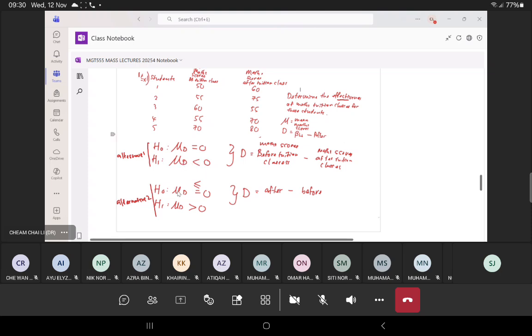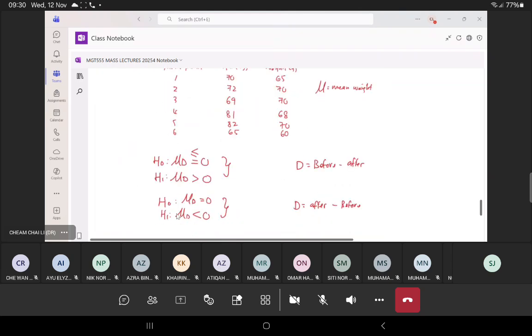You have one tail, right? So the first alternative is you have the lower tail. And second alternative for the first scenario, you have greater than the sign. So this is the upper tail, right? So scenario yang kedua, yeah, for alternative yang pertama, you have the upper tail, one tail in the distribution with upper tail.